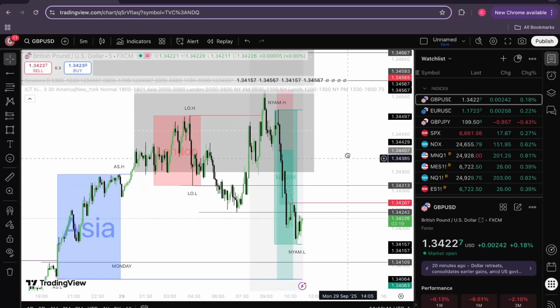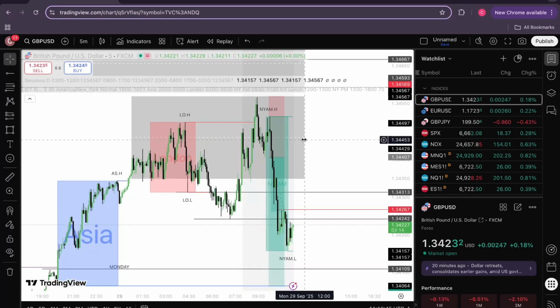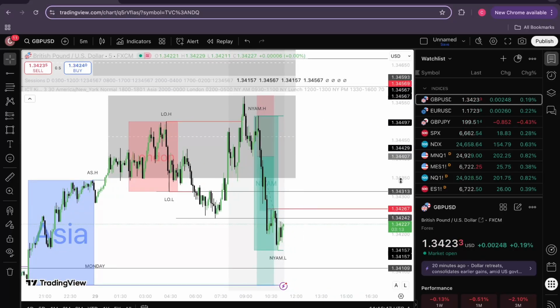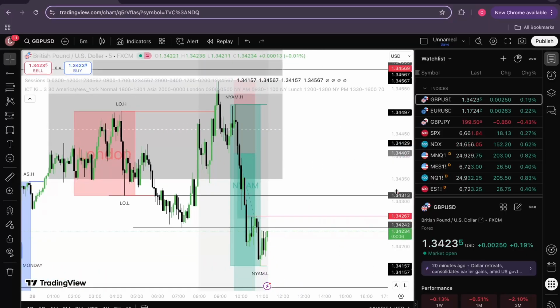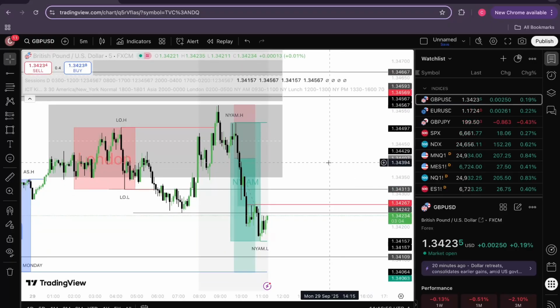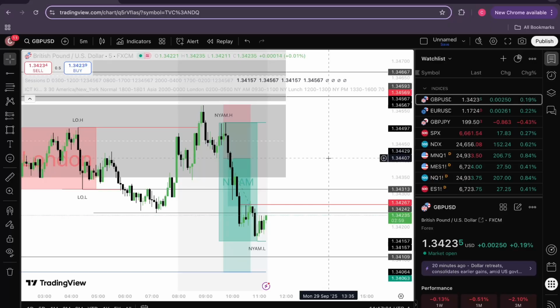So I definitely had a bearish bias today, especially after these sweeps. The thing I did different today was I actually did a stop limit order instead of executing at market entry, because usually that's what I would do. But I did take a limit order at these lows.